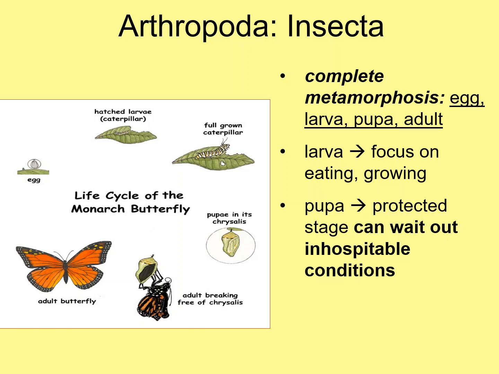And what's cool about that is their body essentially liquefies and then reforms. It's kind of gross, but it's a really spectacular transformation because, of course, what comes out looks nothing like the animal that went in the first place, right?